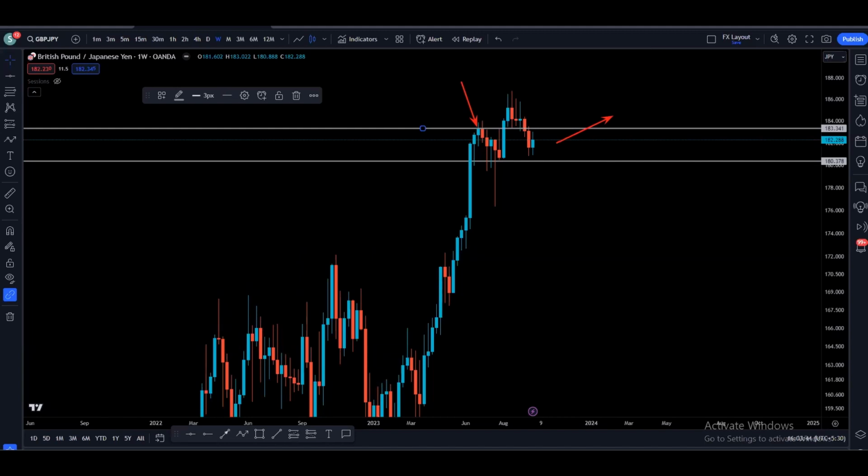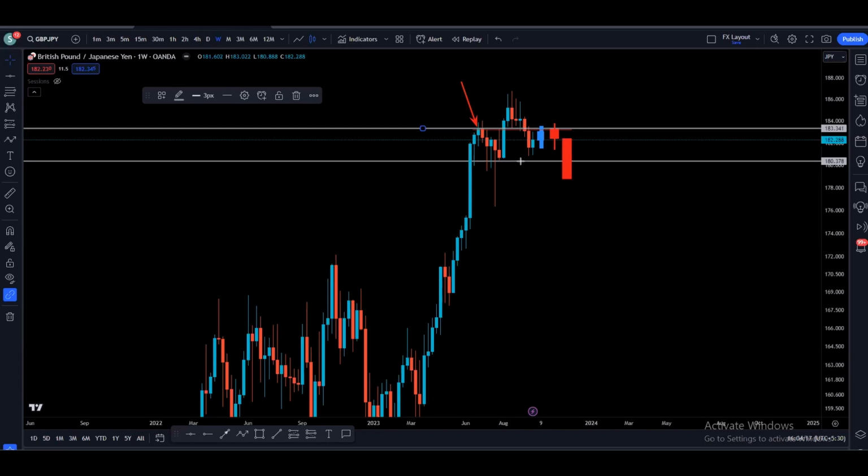So what can happen here is that if we go a little bit higher into this area, and there we find resistance, like a bearish candle closure at the previous resistance area, then there is going to be a pretty high probability for the price to go down.